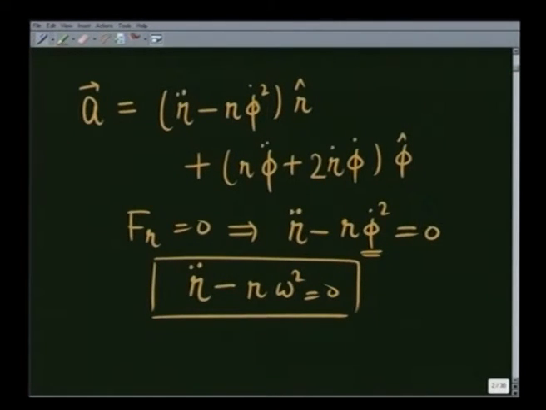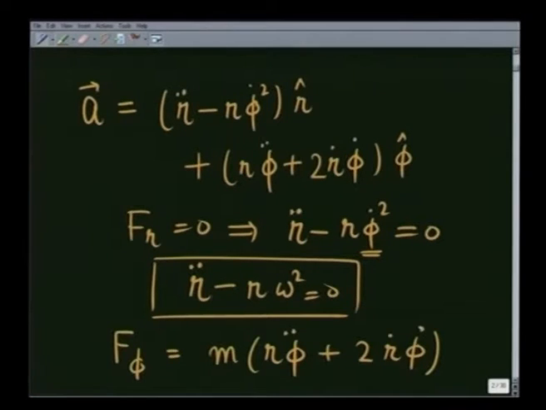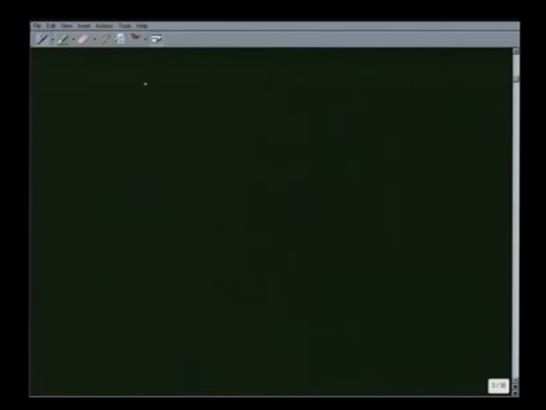Similarly, in the phi direction, f phi is going to be equal to m times r phi double dot plus 2 r dot phi dot. Since the wire is moving with a constant angular speed, the first term is 0 and therefore I have f phi, that is the force that the wire applies in phi direction, equal to m times 2 r dot phi dot.